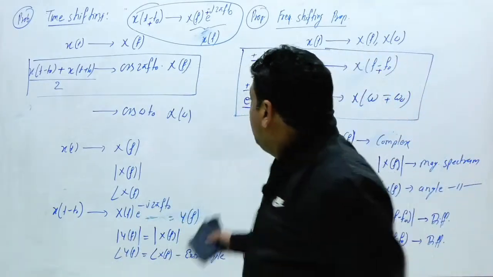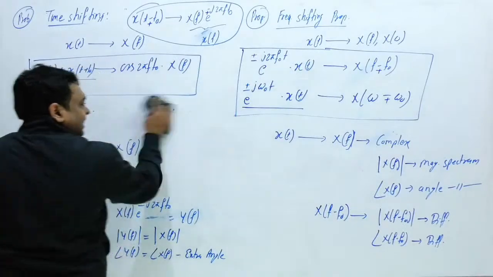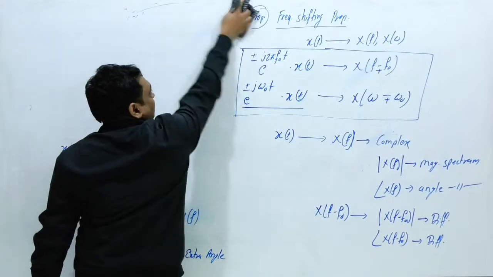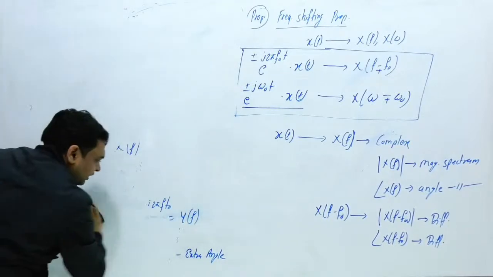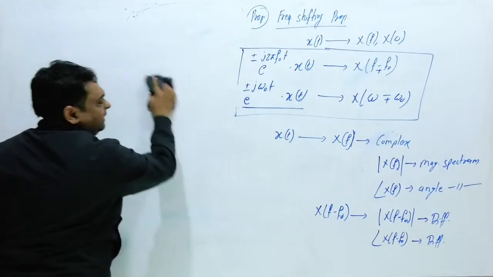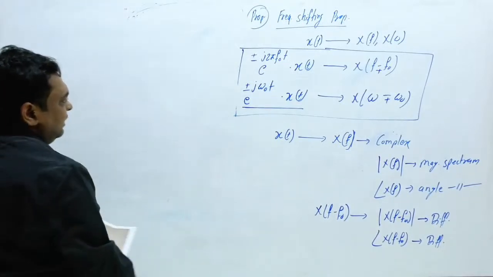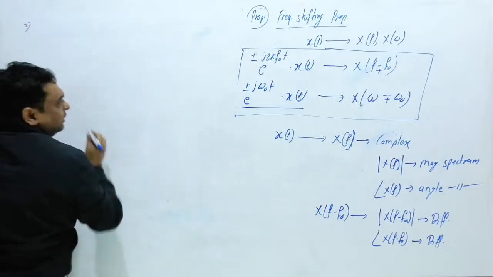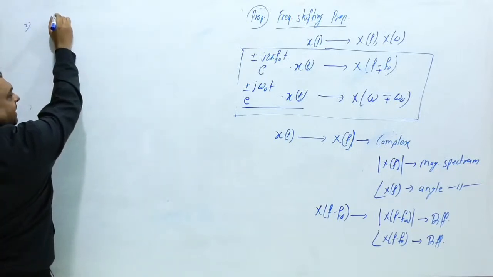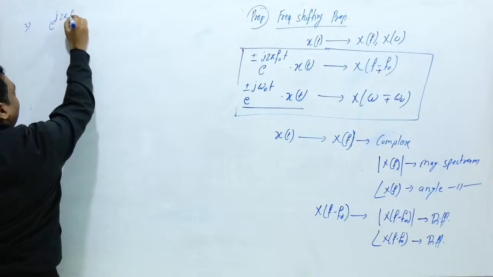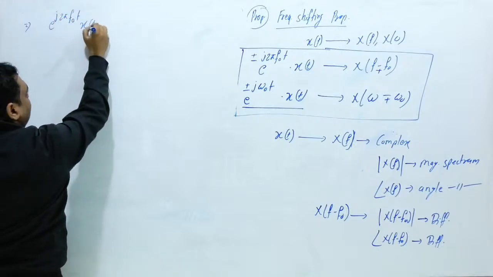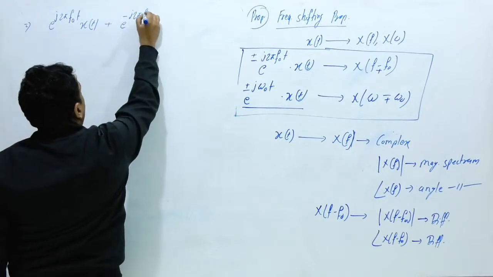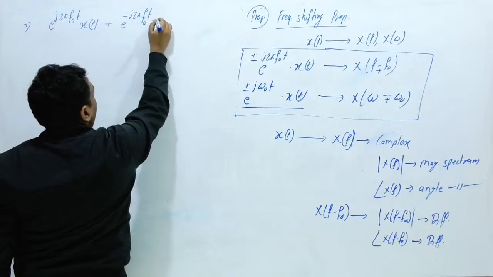Clear? Now I am going to use this property. Okay, so if you add two signals, which signals should I add? Just note down the use of this property. I write here e raised to power j 2 pi f0 t times x(t) plus another signal, e raised to power minus j 2 pi f0 t times x(t).